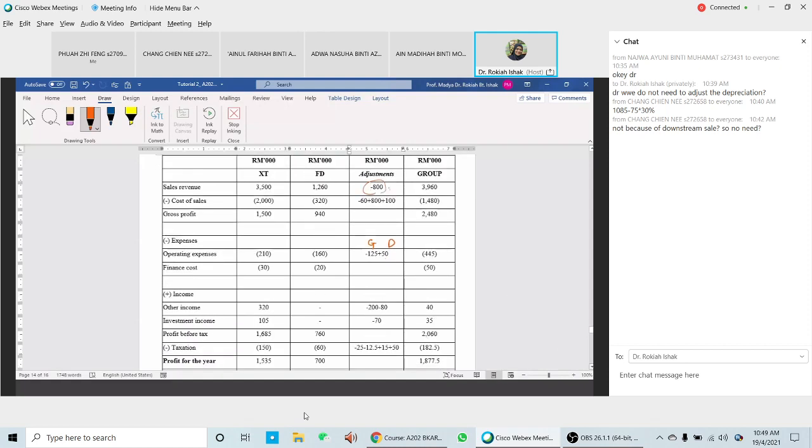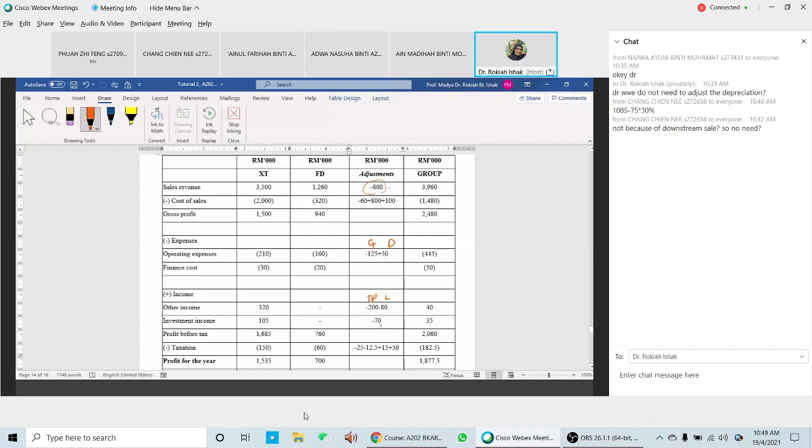Other income, 280. 200 here is a profit from the sale of plant. Profit 80 here is from the sale of land. The first one is for plant and then this one is for land. Investment income minus 70 here.